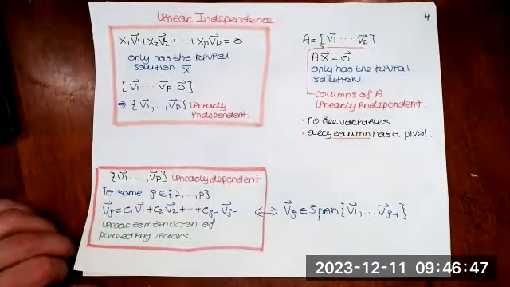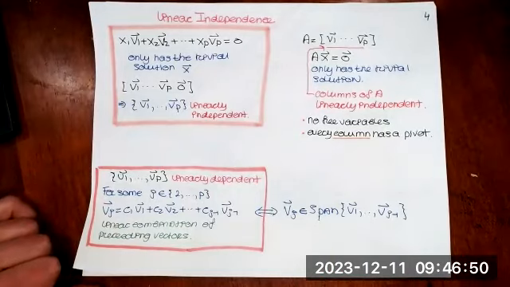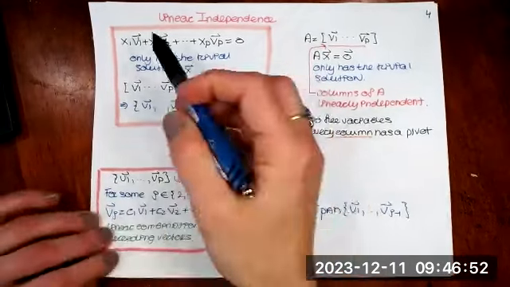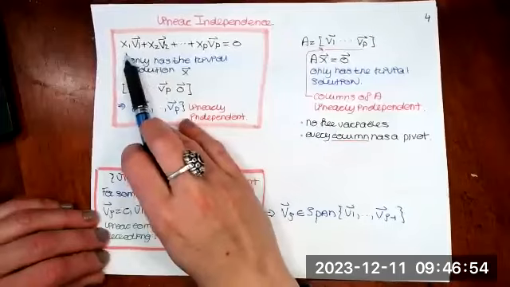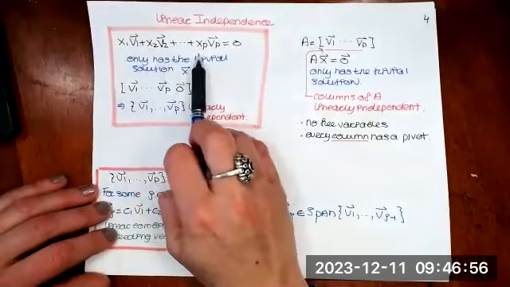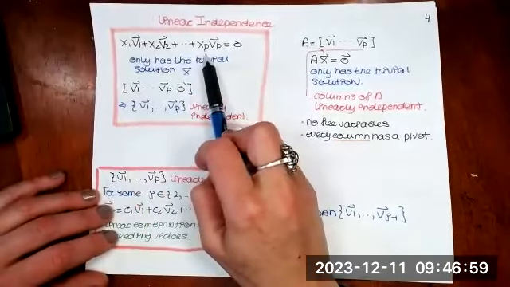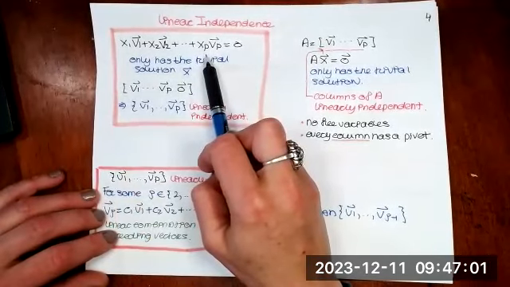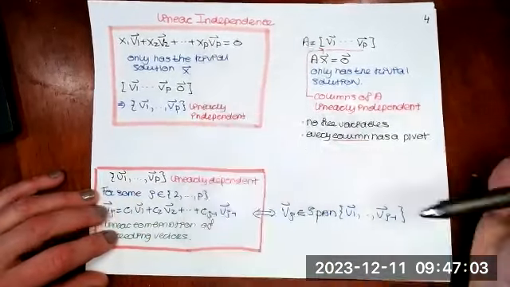If I can find some constants x1, x2, ..., xp that are not 0, even if it's just one that's not 0, then it would be a linearly dependent set.